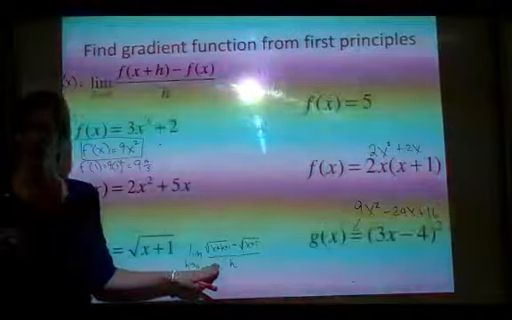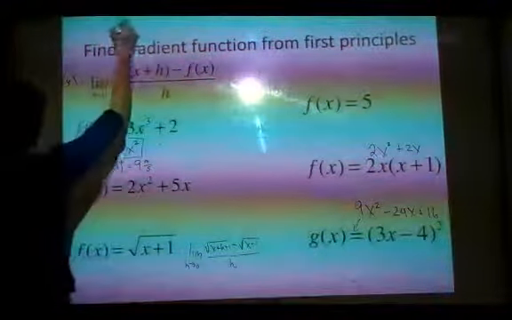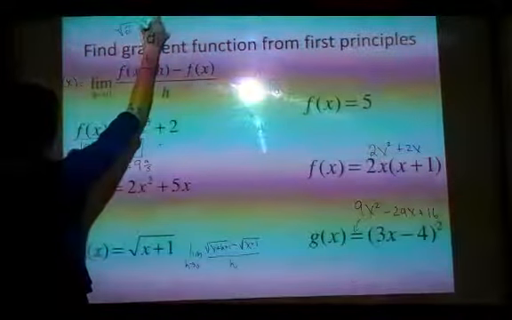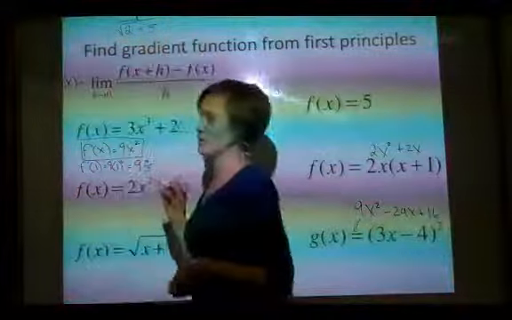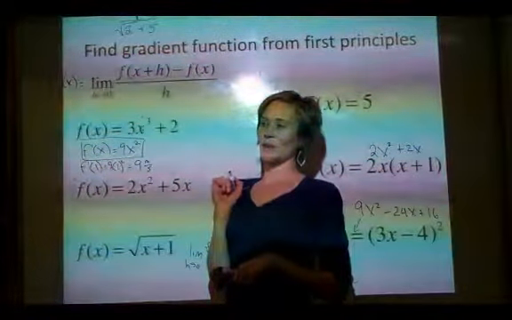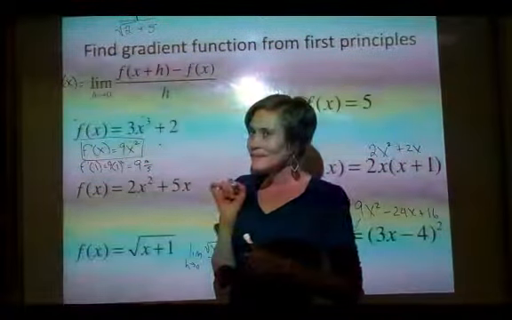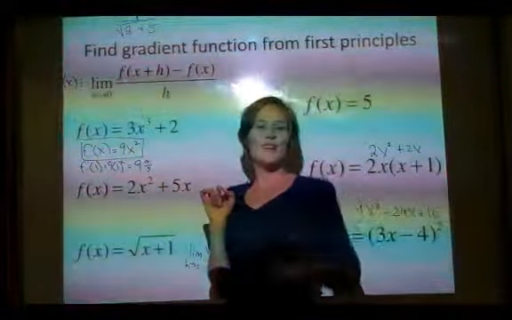Hold on. If you saw this, the square root of 2 plus 5, and you wanted to get rid of this in the denominator, what would you do? Rationalize by multiplying by the conjugate. Thank you, the conjugate.